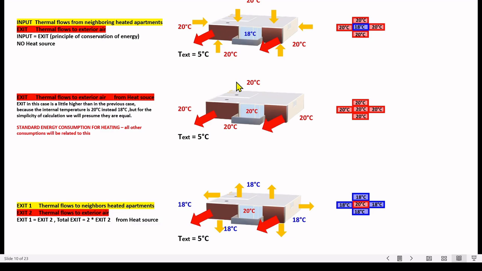Because we established that those flows are identical, the flow to unheated apartments and the flow to exterior are equal, and the total consumption will be double.